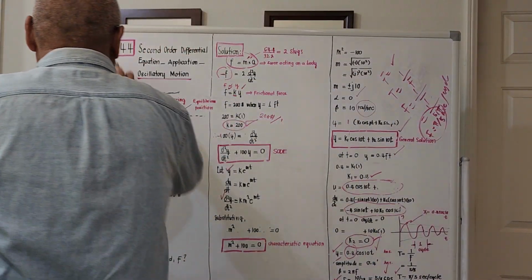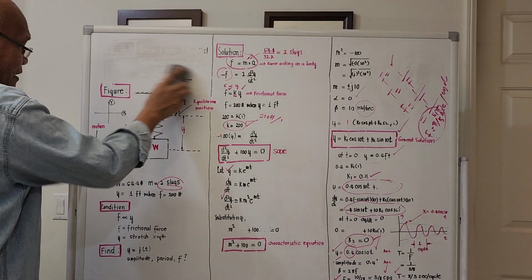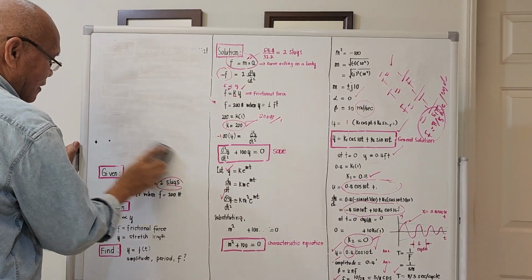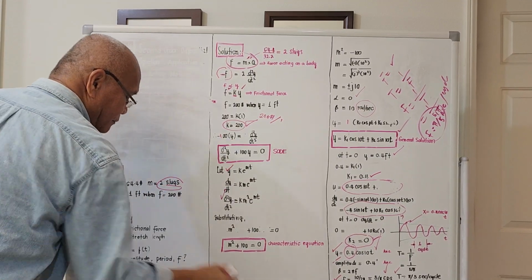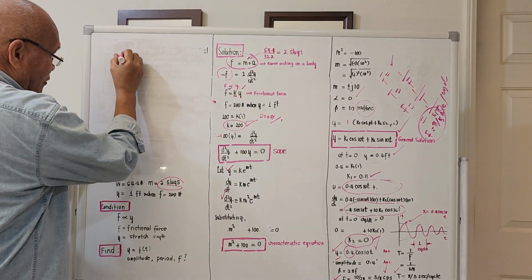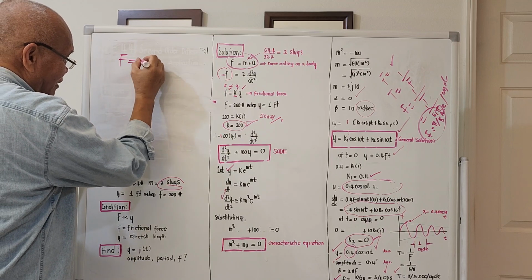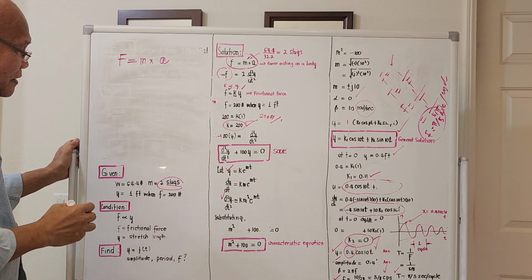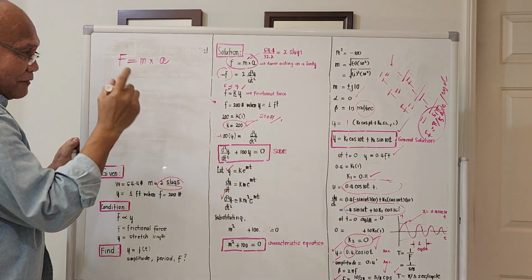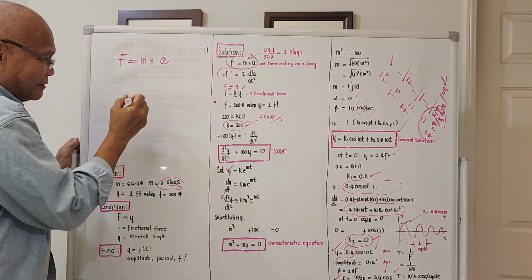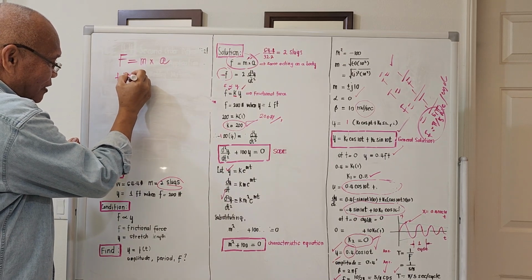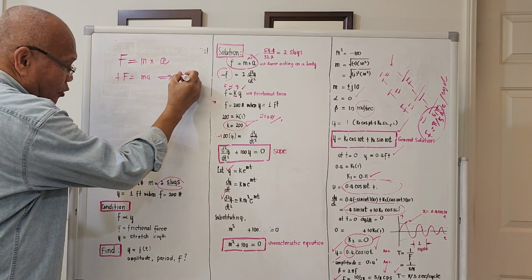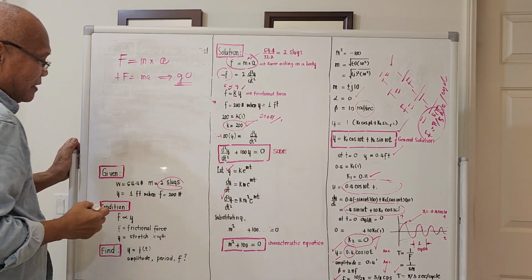I will try to repeat the last portion, the force equal to ma. The force acting on any body that is moving is equal to its mass times acceleration, right? If the force acting on the body goes with the motion, it should be plus F equal to ma. Go with the motion. Okay?